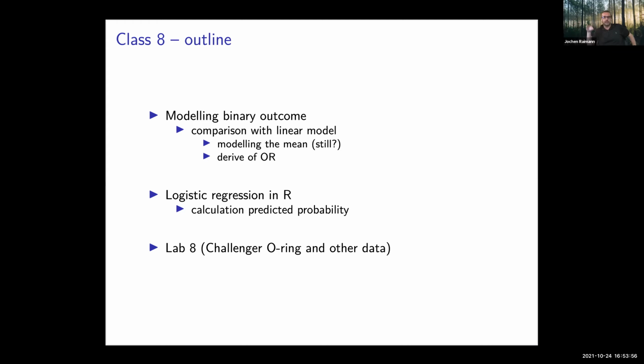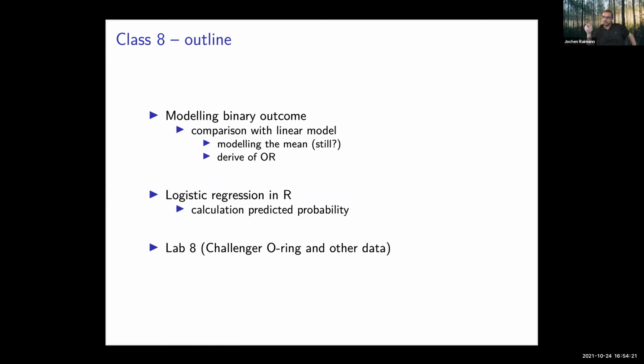So now when you have a binary outcome, you have a condition like a 0 or 1. You get a whole different scenario. So firstly, the data is not normally distributed and it's not a continuous variable, logically. So we will do this comparison and we will see how we model the mean of that predicted yi.